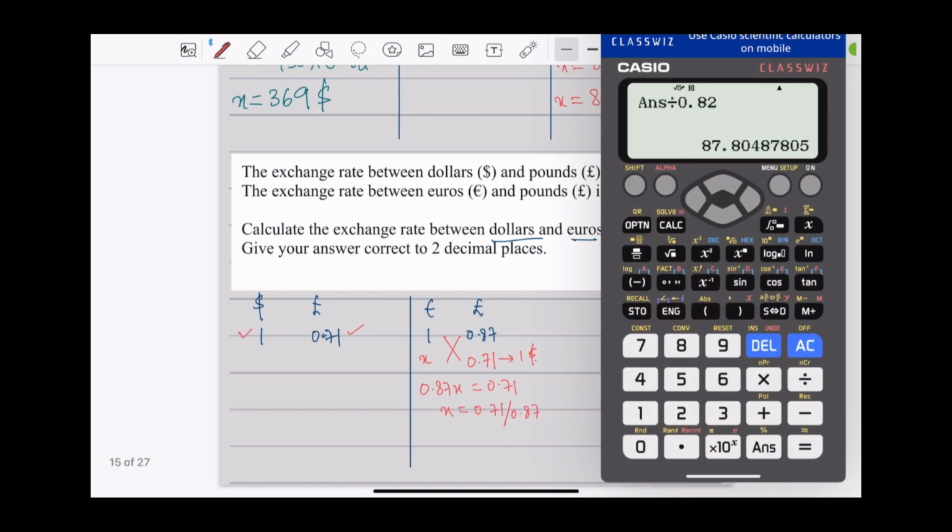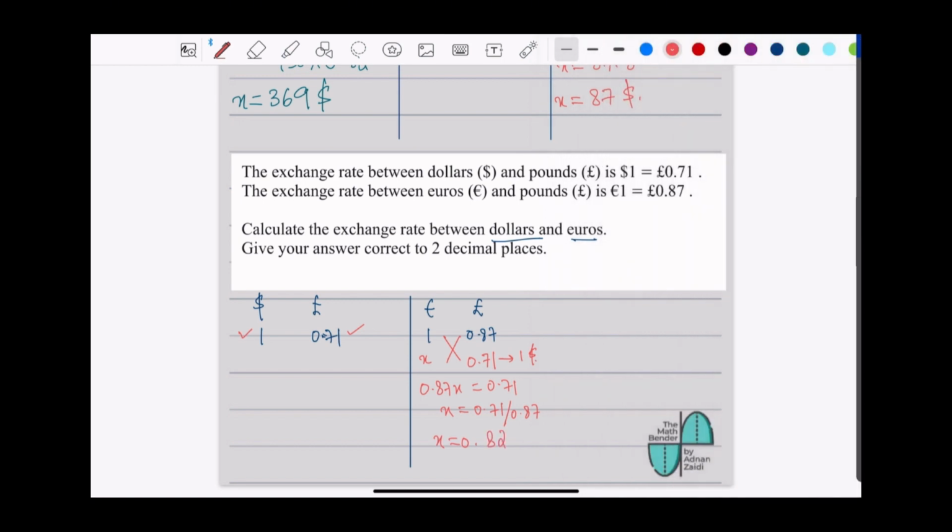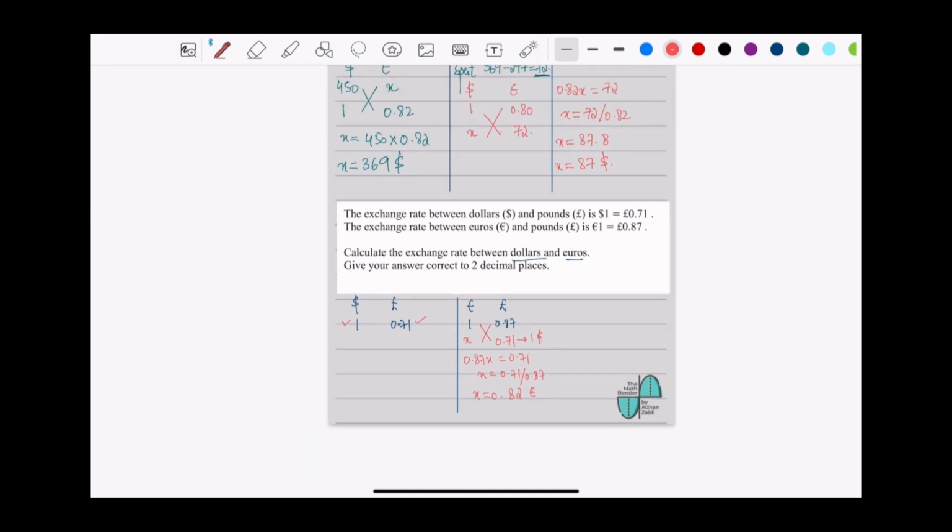Dividing that gives you 0.82, rounding it off to 2 decimal places. Now this is the $1 rate, and this is the amount of euros that you get for $1.